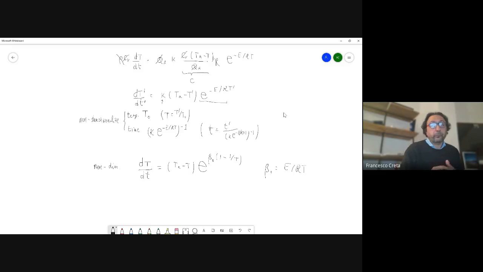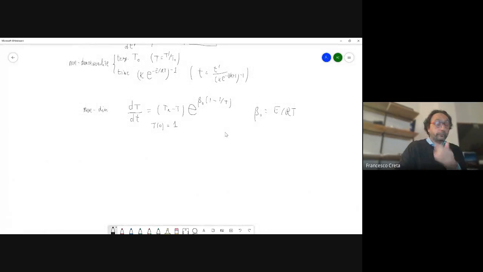So obviously the initial condition here would be 1, because clearly the initial temperature is T0, and so in non-dimensional temperature, it would be 1. So you can actually play around with this equation with MATLAB or whatever you want.